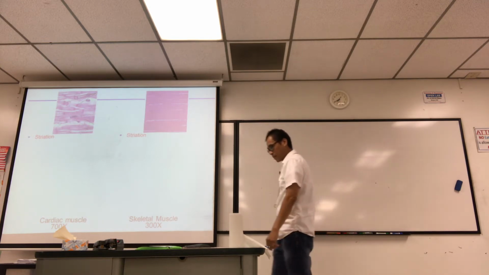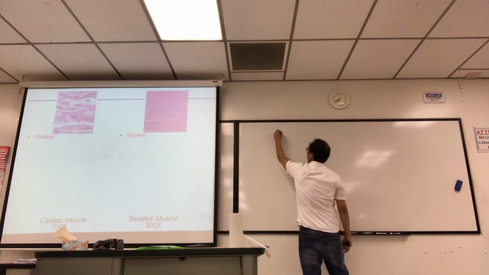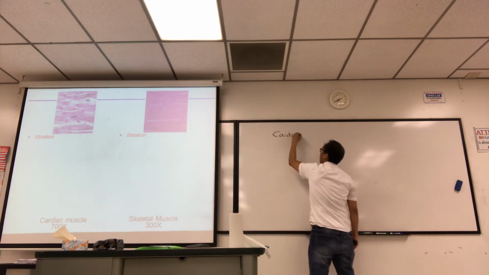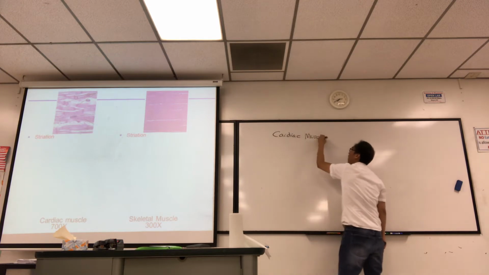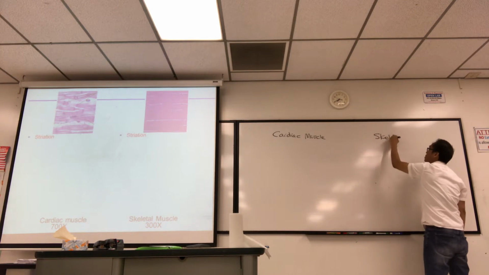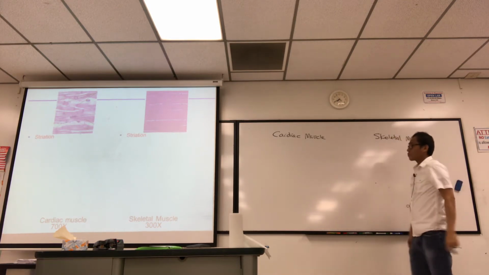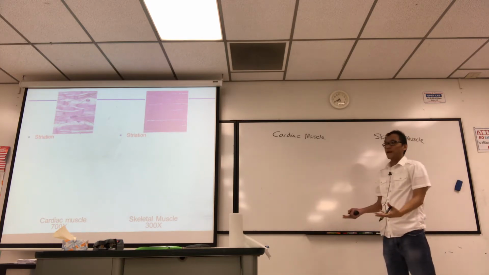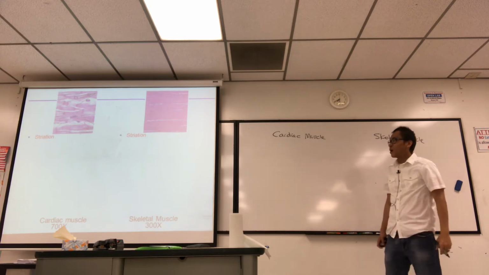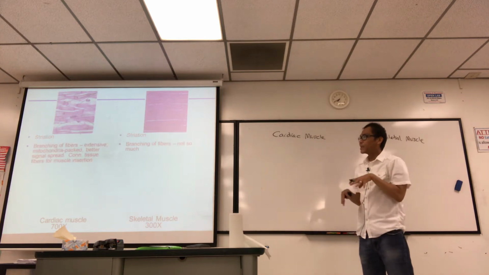Here is a similarity of cardiac muscle and skeletal muscle. They both have striations. I won't even write it. You should know that already. We cover muscle tissue in chapter 4, the histology chapter. But where it gets, may not have been mentioned before, is here.